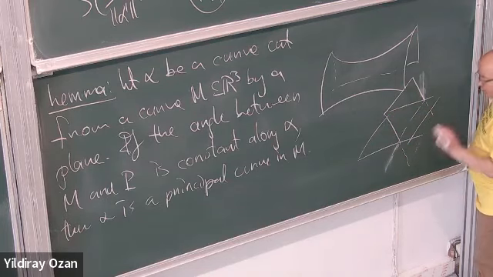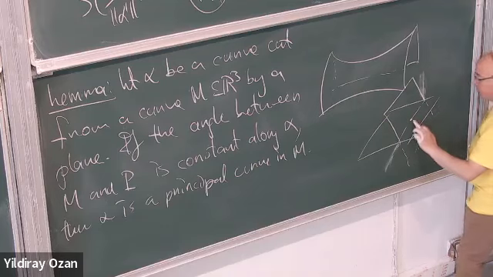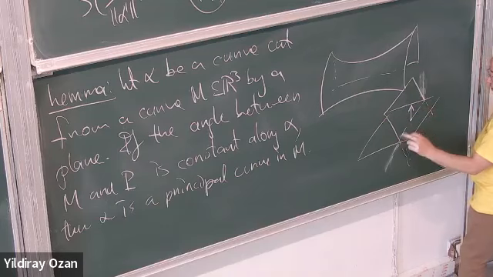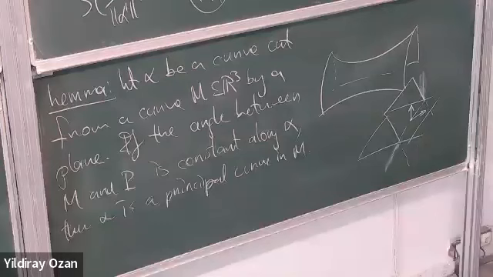Well, the right way of measuring the angle is the following. You look at the normal vector of each plane. For this horizontal plane, this is the normal vector. For this plane, the normal vector is something like this, probably. And this is the angle between them.